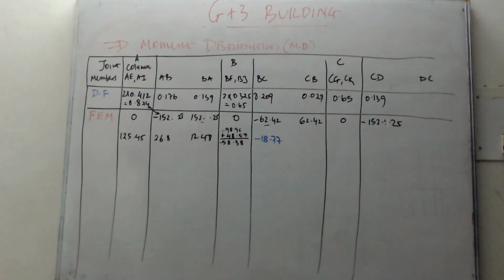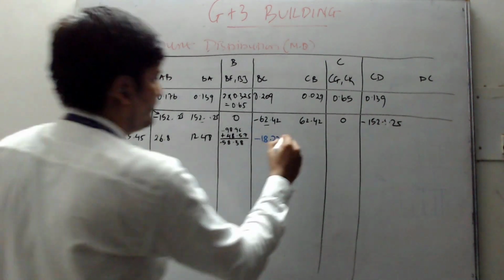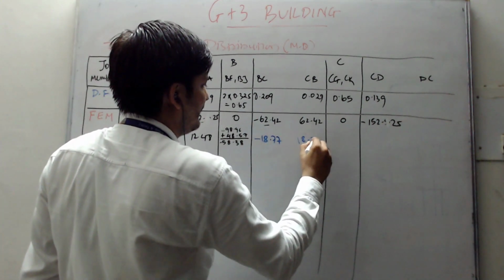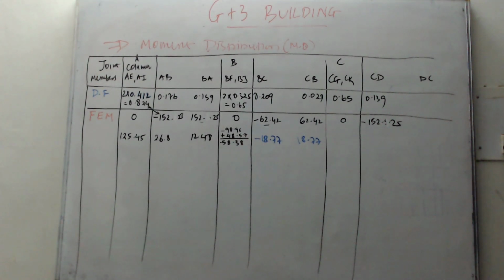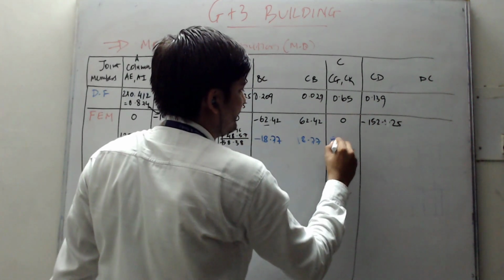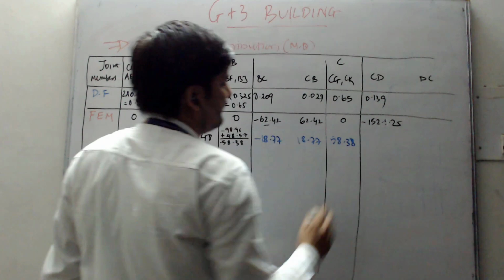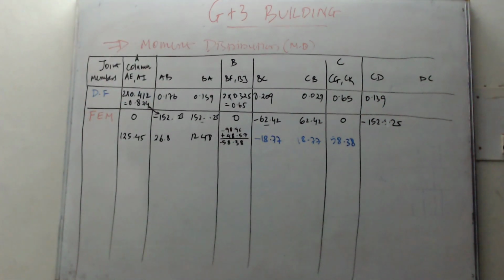Because the values are the same, it will be the same answer, which is 18.77 positive. And C is similar to B, so again we have the same answer but with positive sign, which is plus 58.38. Right, and at the last we have again 12.48 with opposite sign.